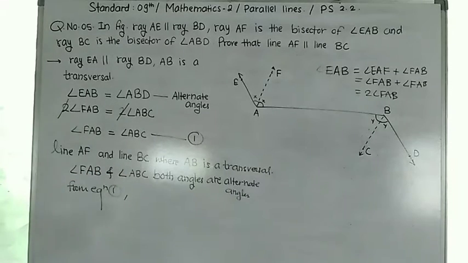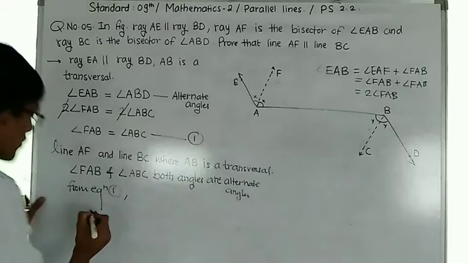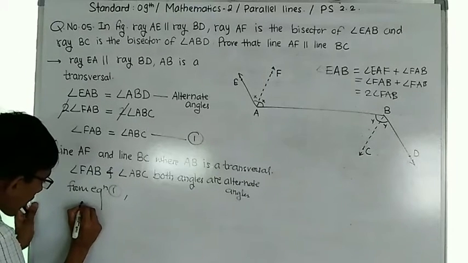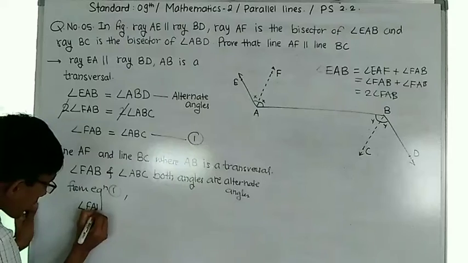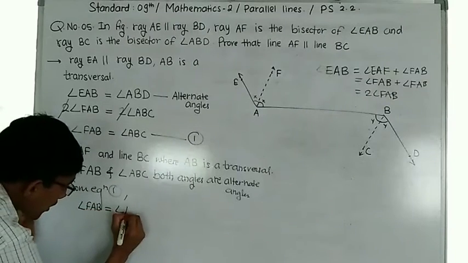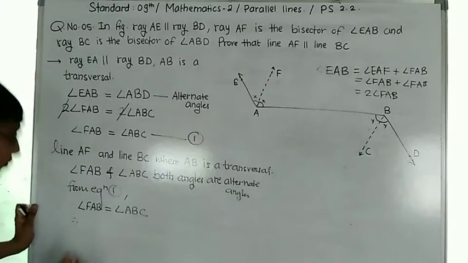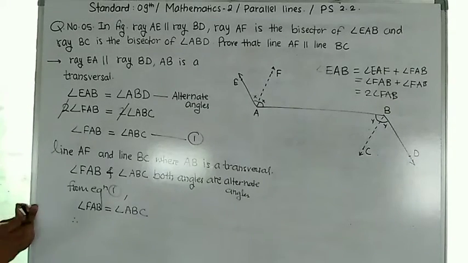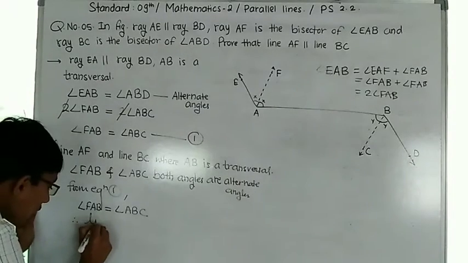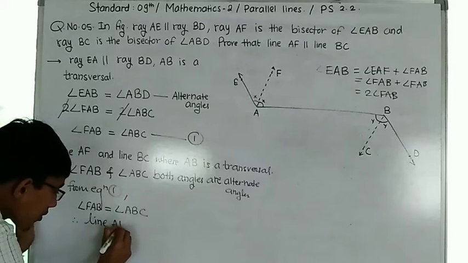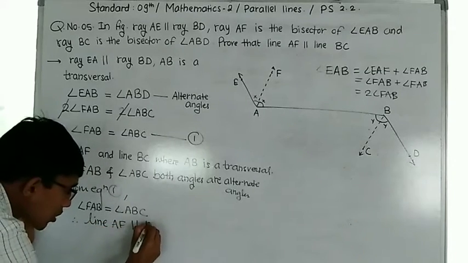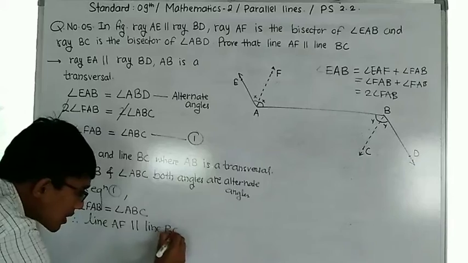Okay, from equation 1, angle FAB and angle ABC both are equal to each other. Therefore, what can we write? That line AF is parallel to line BC. And what is the reason?